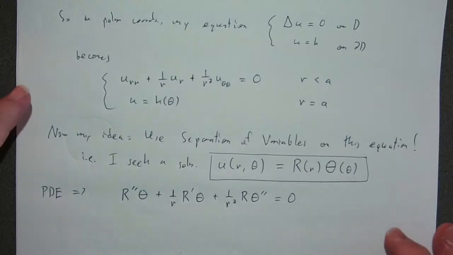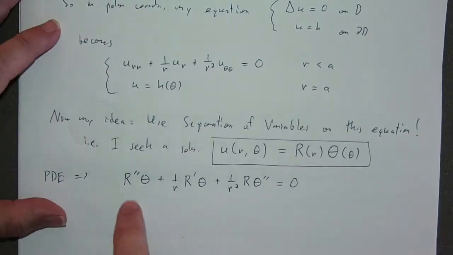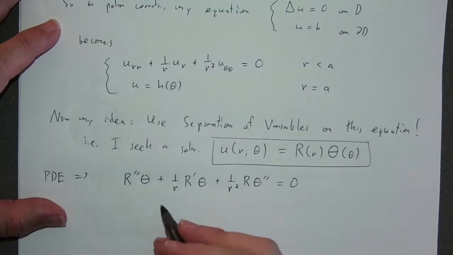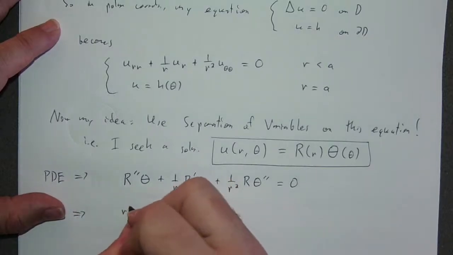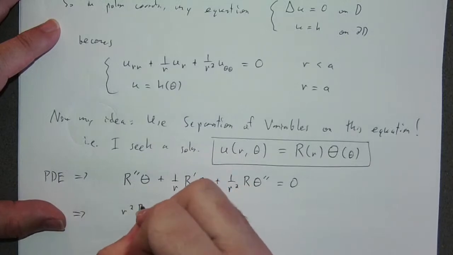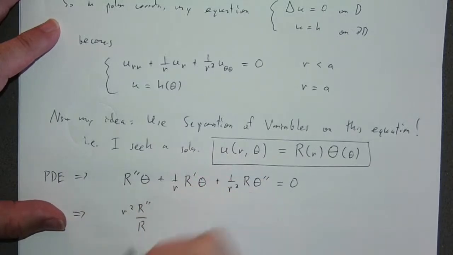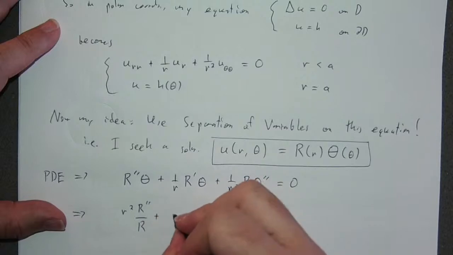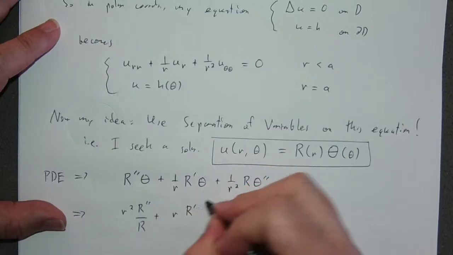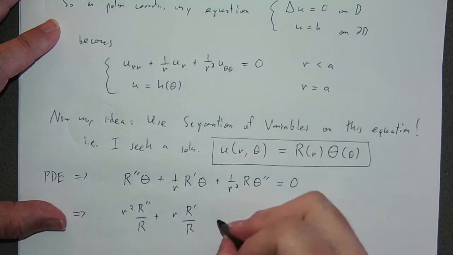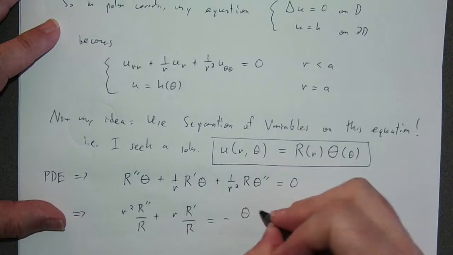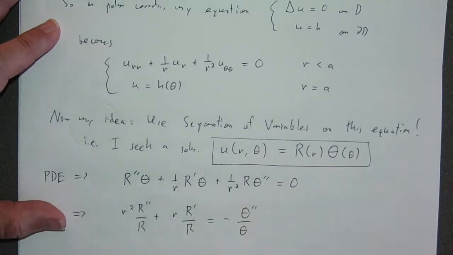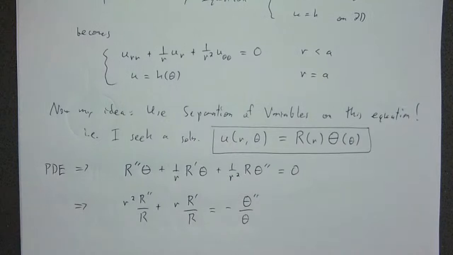Now, if we divide both sides by R Theta and multiply by r squared, simultaneously, what do we get? We get r squared R double prime over R plus r times R prime over R is equal to, I'm going to put the minus sign on this side, minus Theta double prime over Theta.